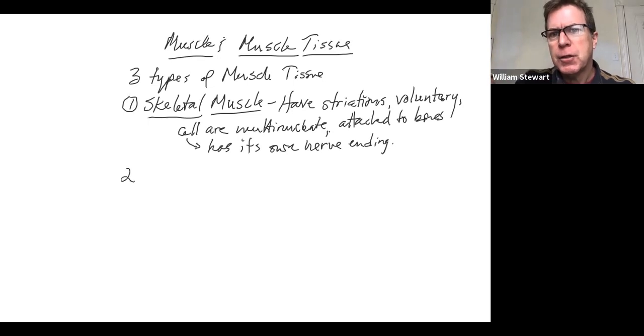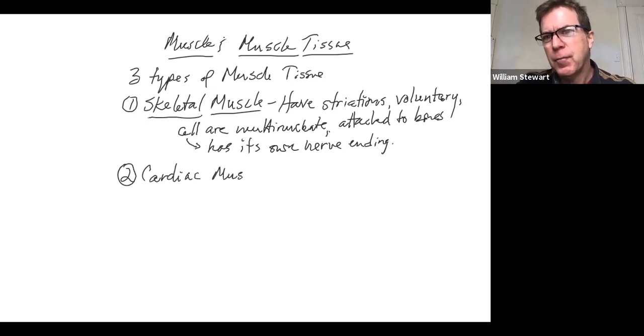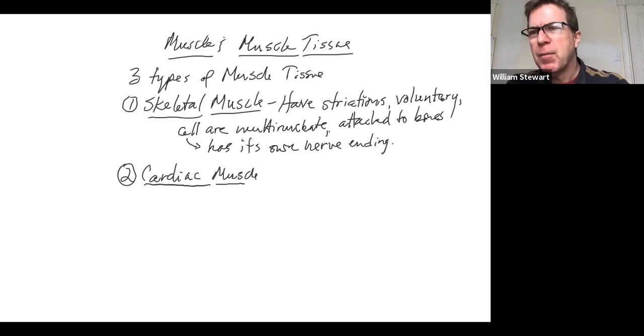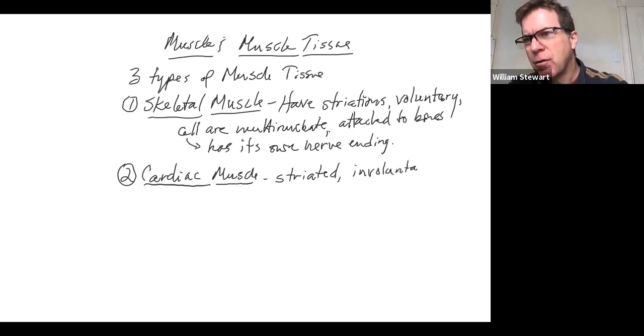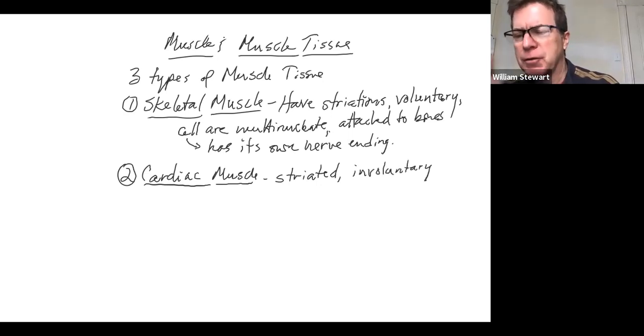Second type of muscle tissue is cardiac muscle. Say a few things about that. Cardiac muscle also is striated, has those banding patterns or stripes, but it is involuntarily controlled. We do not consciously control cardiac muscle contractions.